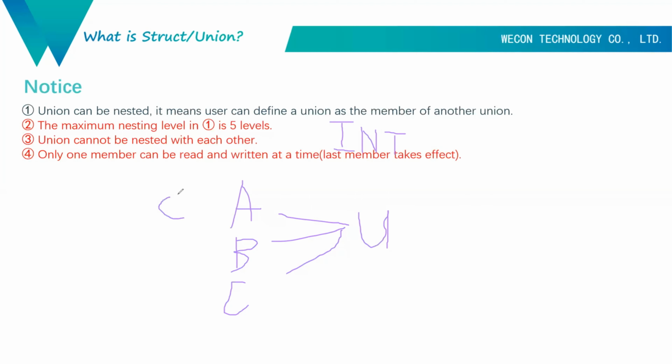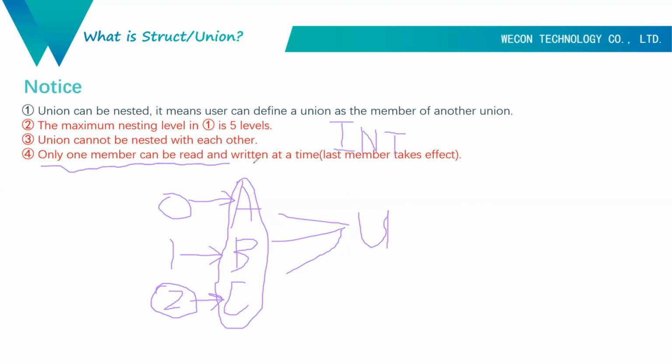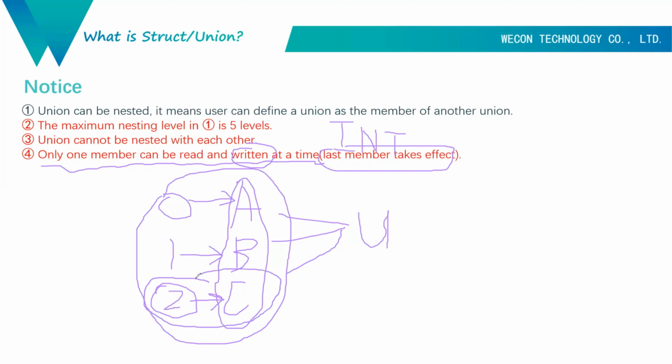And at the same time, we write 0 to A, write 1 to B, and then write 2 to C. In this condition, all the members will be set as 2, because only one member can be read or written at the same time, and then the last number takes effect. So when these three members are written together, only the last one will take effect. So these three will be set as 2.